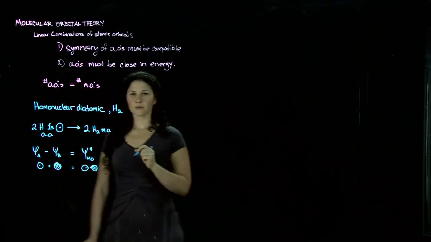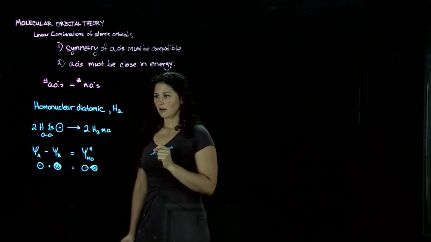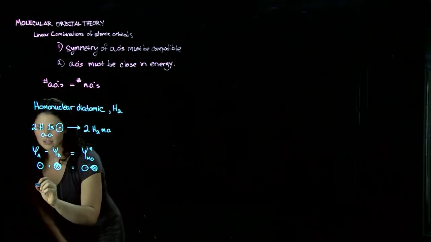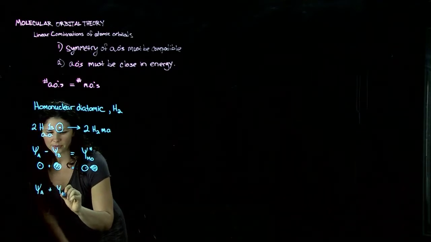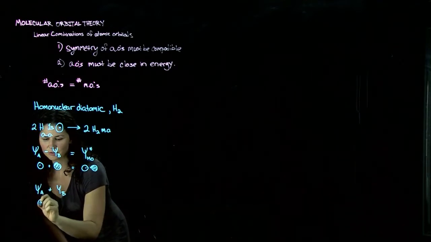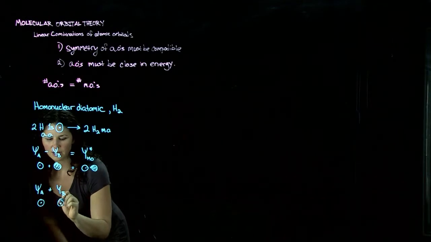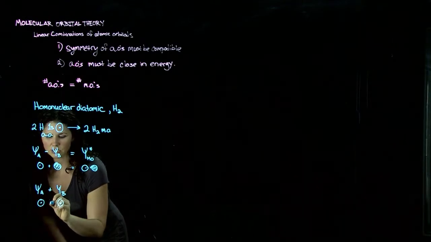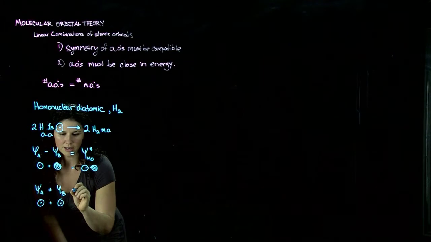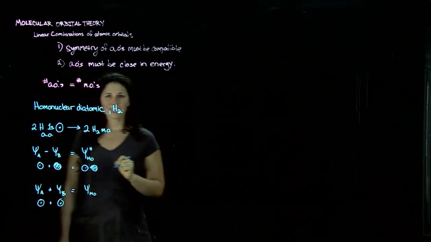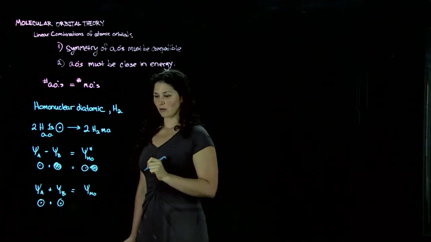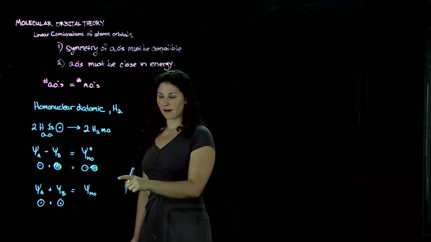And so hopefully you've seen this before. Another way for me to combine these atomic orbital wave functions is to add them. And if I add them, essentially what I'm doing is taking the positive wave functions in each case and adding them together. That's going to give me a molecular orbital wave function. In this case, it's going to be a bonding molecular orbital, so I'm not going to put the star there.